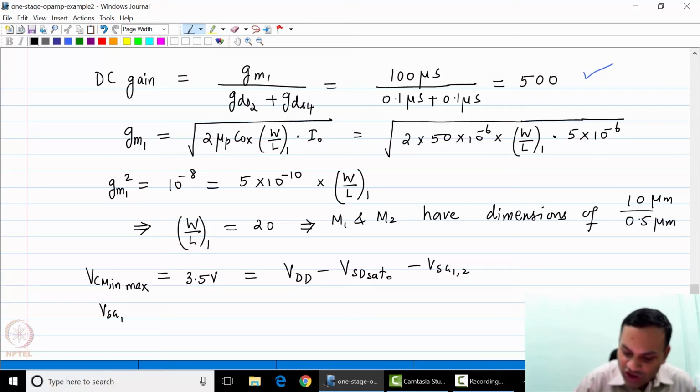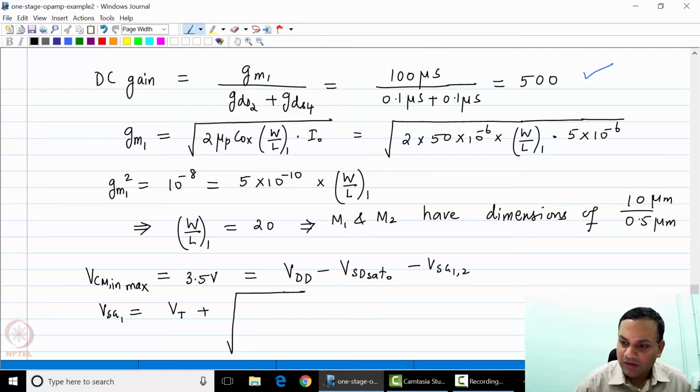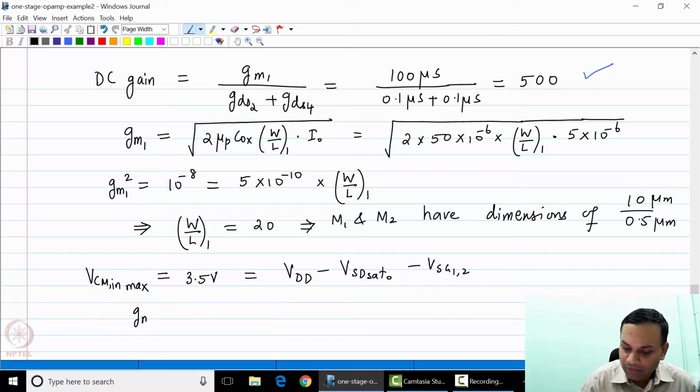Now VSG1 is given by the following relationship. It should be VT plus... so let us calculate it in a different way this time. Let us calculate it from the GM.